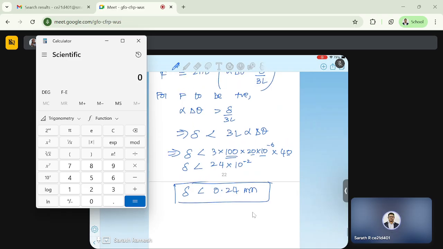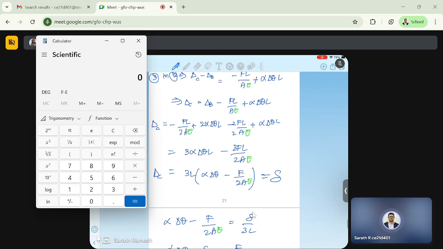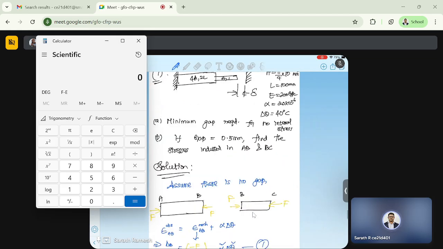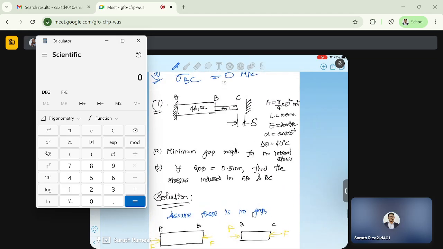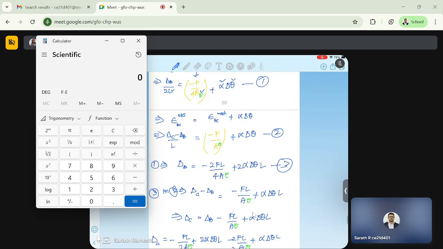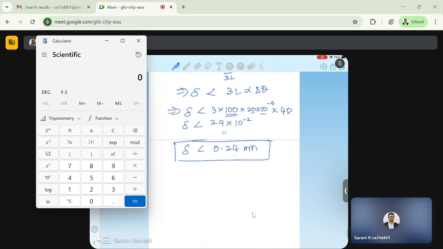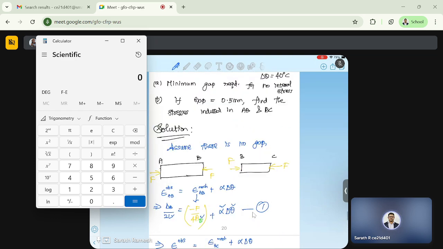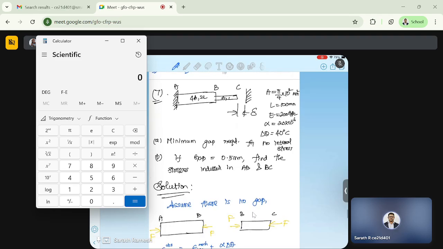Okay, right. If my gap is more than 0.24 mm, what will happen? There won't be any internal stresses induced, right? It's the same as problem number 6. In the next question, they have given the gap to be 0.5 mm.